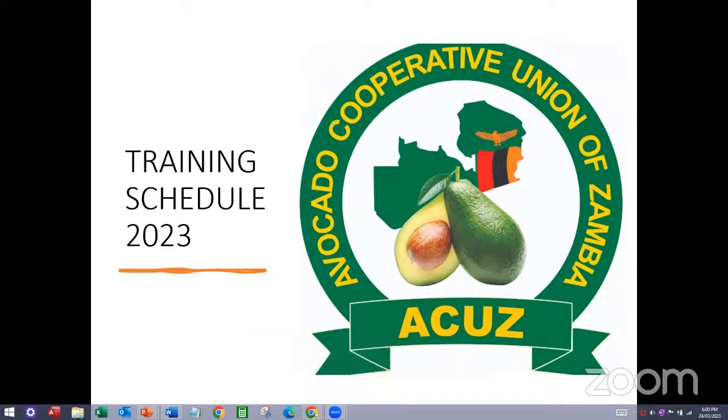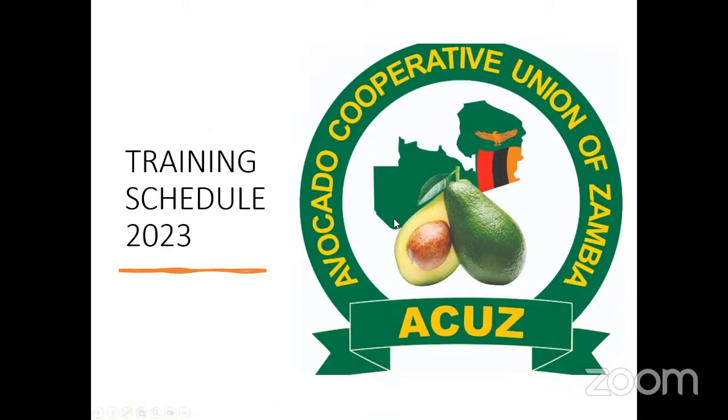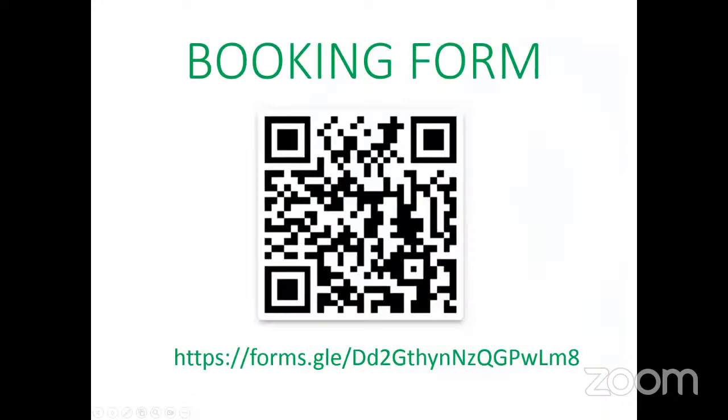What I'd like to say to everybody is this is the second session of training for the Avocado Cooperative Union of Zambia. Each time a link is sent out, feel free to forward it to your cooperative, as Mr. Daka has explained, it's for you and for your members as well. Now, what I wanted to show you was the presentation for when we are next having training.